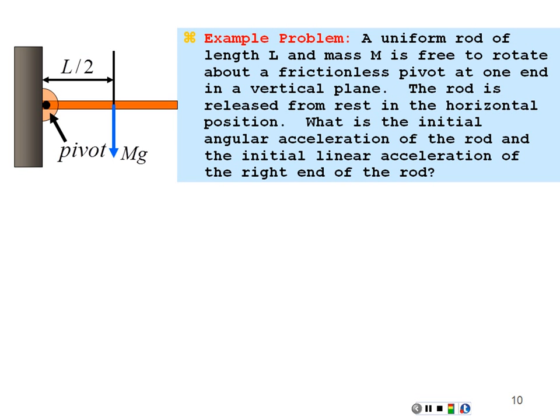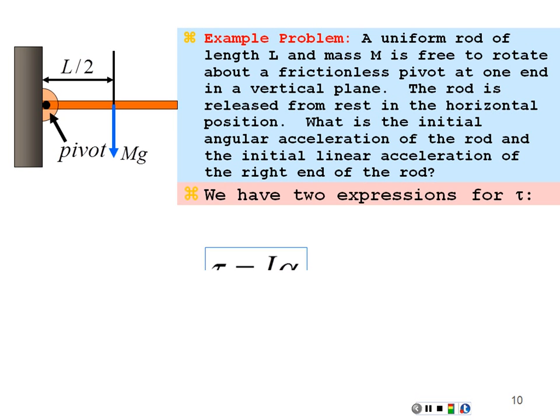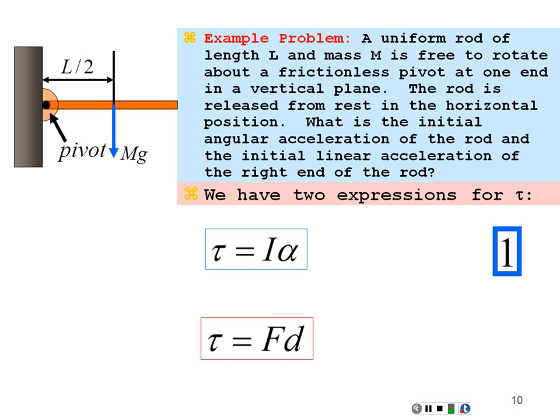Well, we'll treat this as a torque problem, and we really have two ways to express the torque now. We can say that our net torque should be equal to the moment of inertia of the rod times its angular acceleration. And that would be one expression for the torque. But also we could say that our net torque would be equal to the external force times its moment arm.